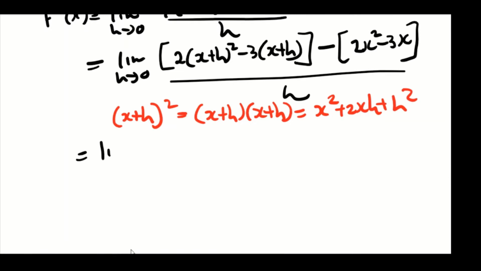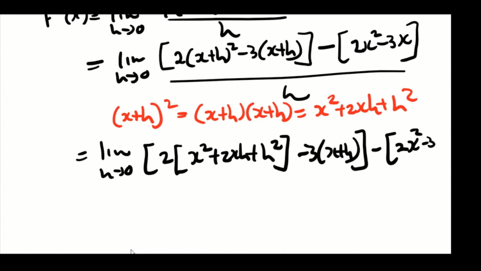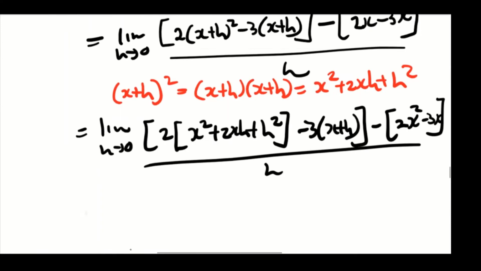So it's going to be the limit when h approaches 0 of 2 into x squared plus 2xh plus h squared minus 3 into x plus h, like that, minus 2x squared minus 3x, divided by h, right?